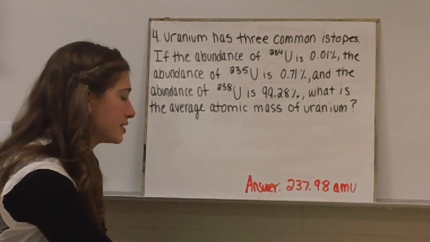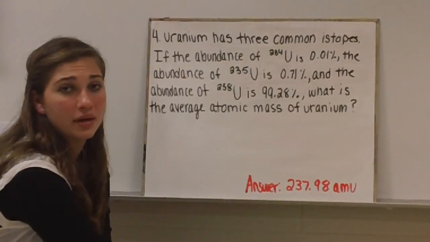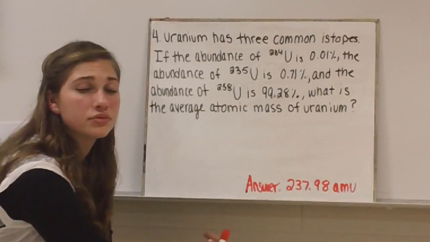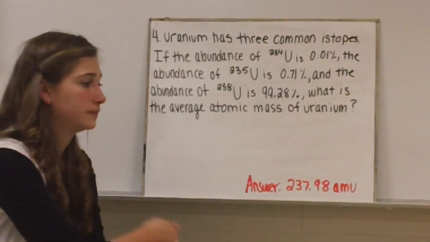Once again, my answer is 237.93 AMU. Make sure you get the same answer. If you don't, try it again. If you still don't understand it, we can go over it together.